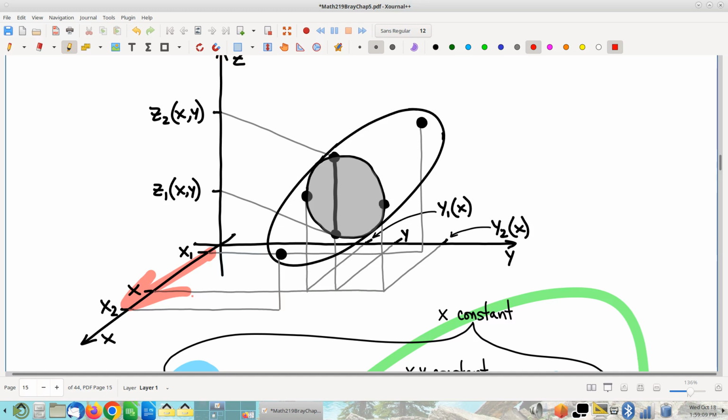What I care about is for any given x, what's the range of values of y? In particular, I want to know how the y bounds are functions of x. And if you want to know how something's a function of something else, you got to pick a value of that thing you want to be a function of. Does that make sense? Okay, cool.